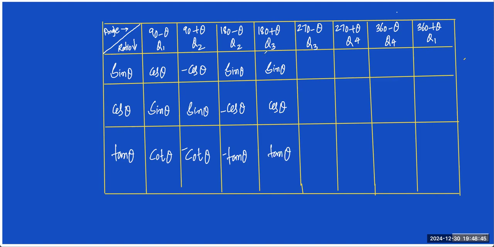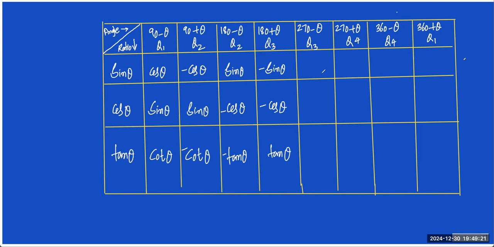But in the third quadrant, tangent stands for T. Only tangents are positive. The rest of the values are negative. In the second quadrant, only sines are positive, the rest of them are negative. Exactly correct. In the third quadrant, only tangents are positive, the rest of them are negative.